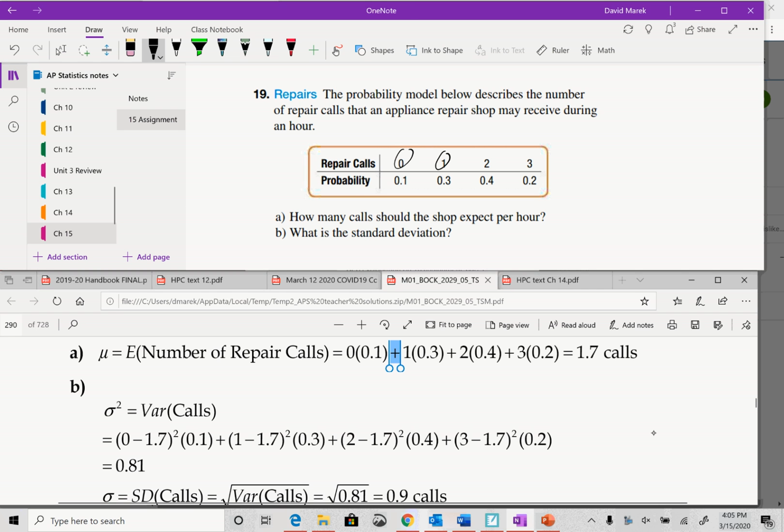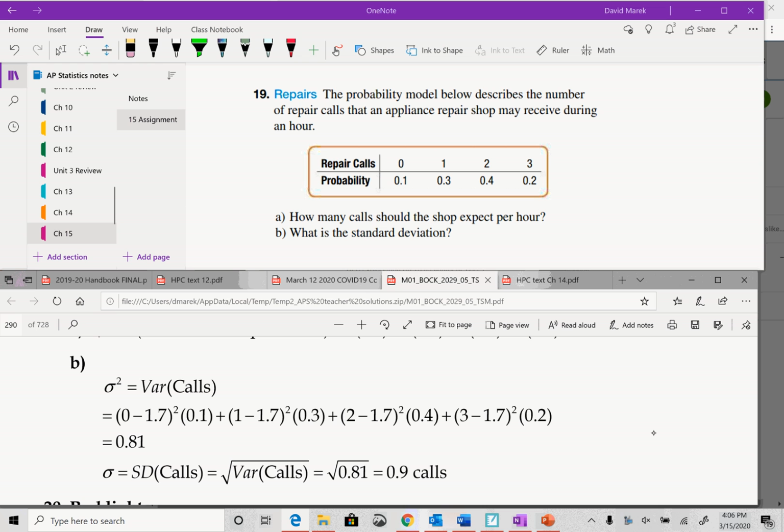Then we'll take 1, subtract the 1.7, square that, multiply by its probability, etc. Now, this in the end gives us the variability, 0.81.